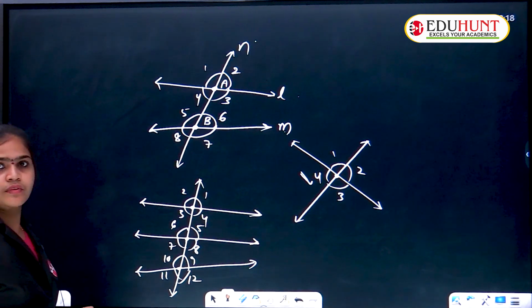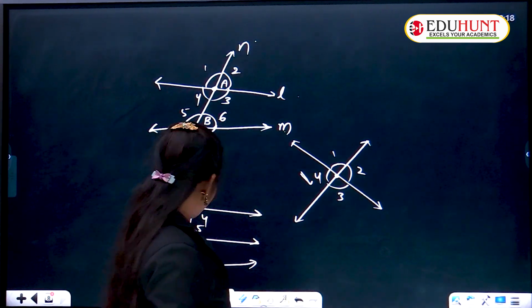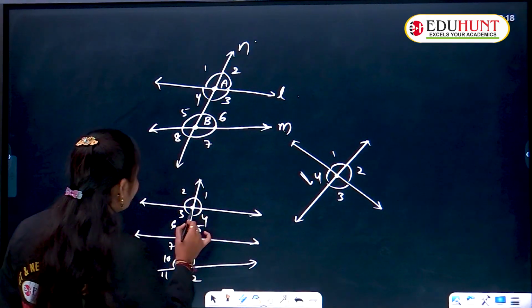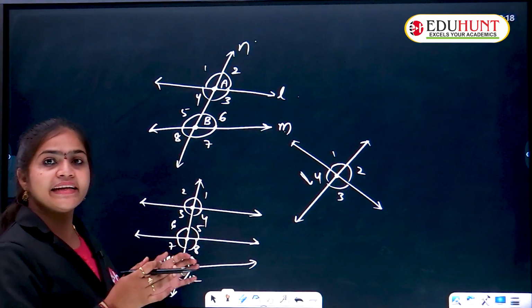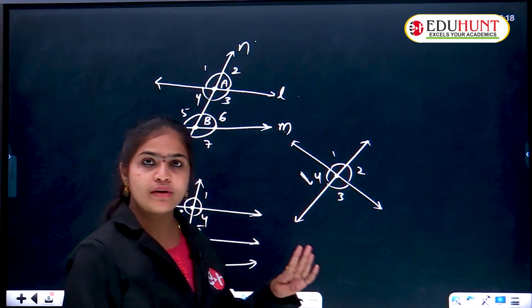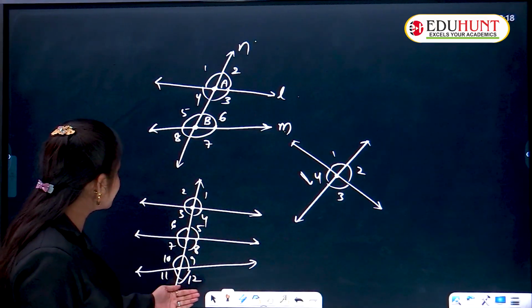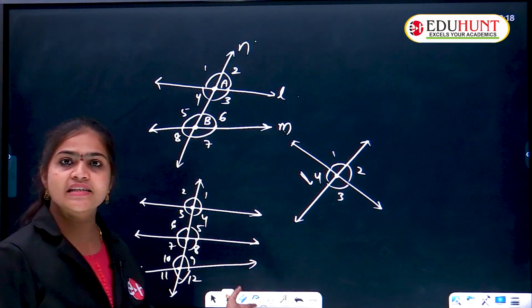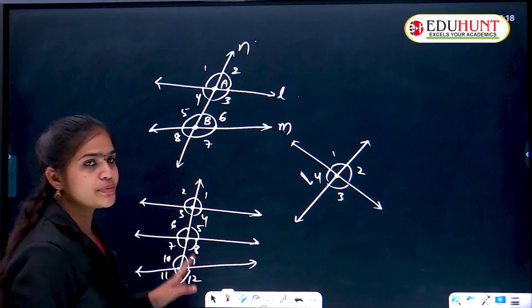Now we can observe 12 angles. So at each distinct point we can observe 4 angles. Depending on how many distinct points there are, we can calculate the total number of angles formed by a transversal.